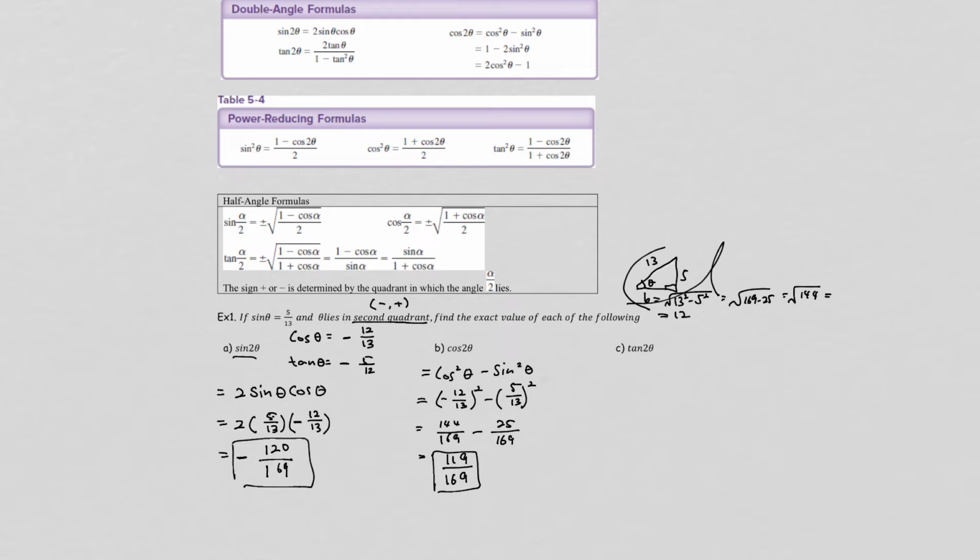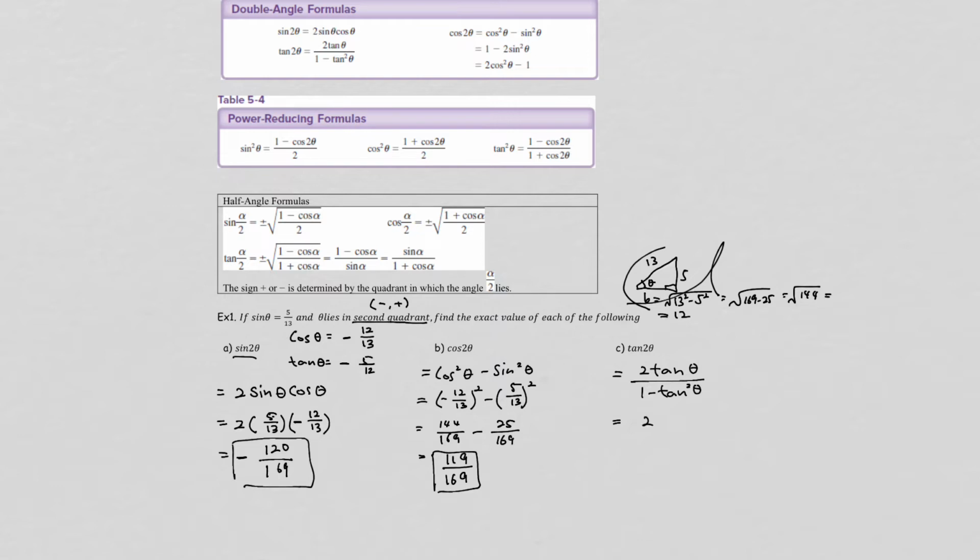What about tangent? You have tangent 2 theta right here. Using that formula, you get 2 tangent theta over 1 minus tangent squared theta. Remember, our tangent value was negative 5/12.